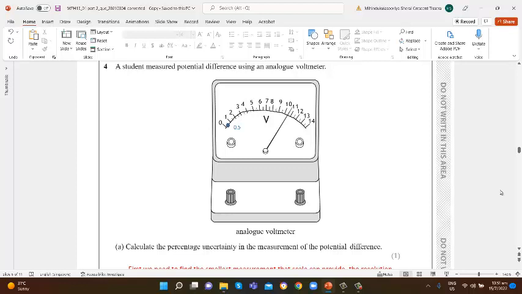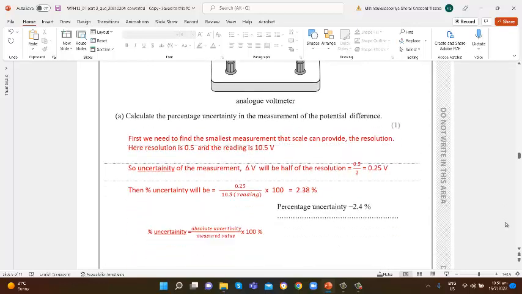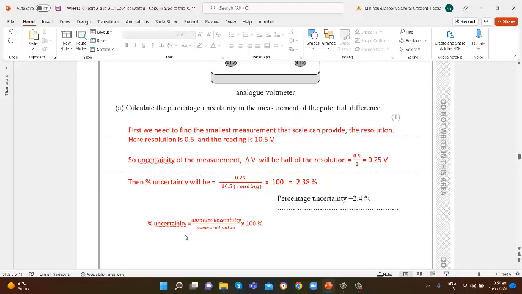So first we are asked for the percentage uncertainty, so you have to think of a formula. Where did you learn percentage uncertainty? Everyone knows percentage uncertainty is absolute uncertainty divided by measured value, into 100.